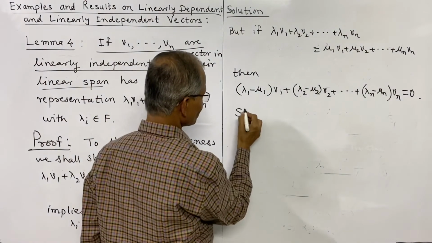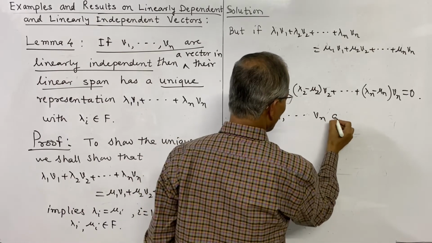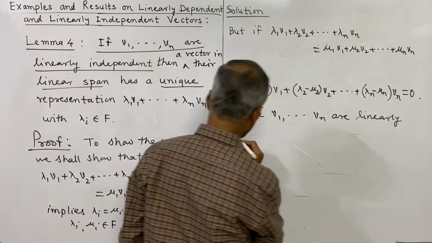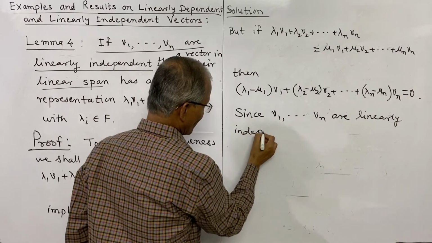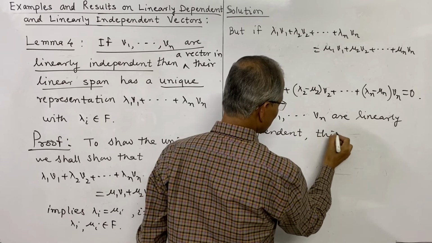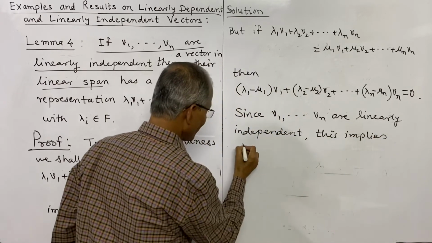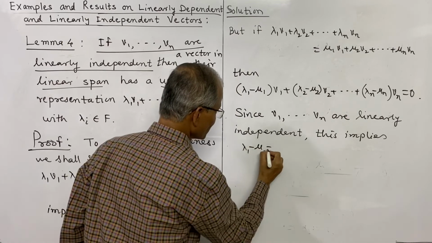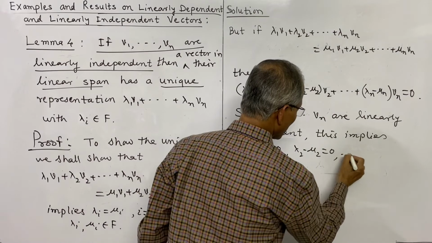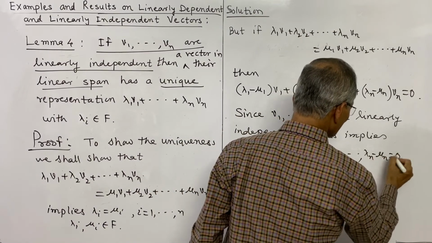Since V1 up to Vn are linearly independent, this implies lambda 1 minus mu1 is equal to 0, lambda 2 minus mu2 is equal to 0, and so on, lambda n minus mu n is equal to 0.